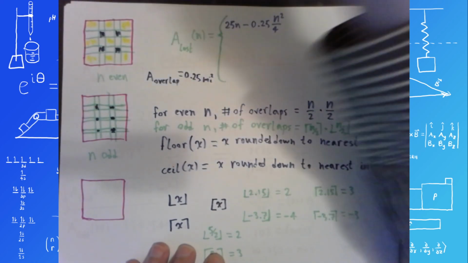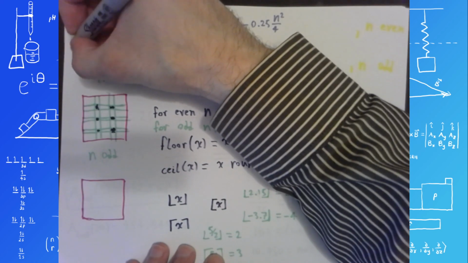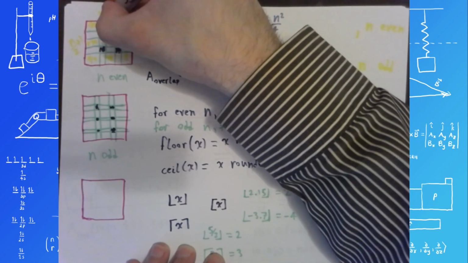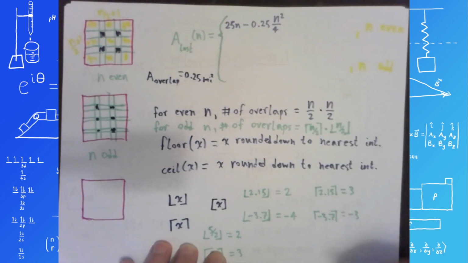That would be n over 2 plus 1 by n over 2 plus 1 for the even case. That would be the total number of usable regions.